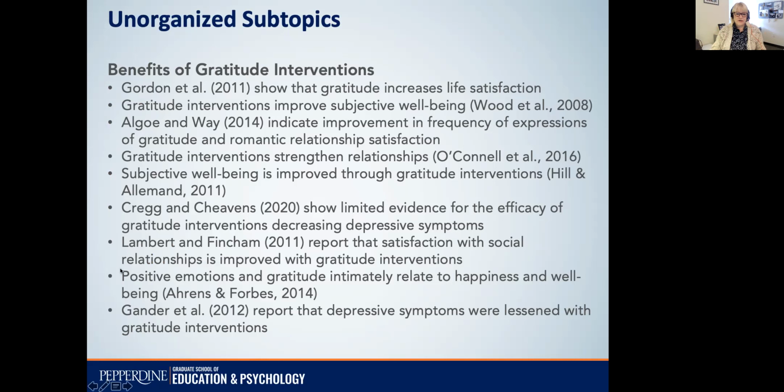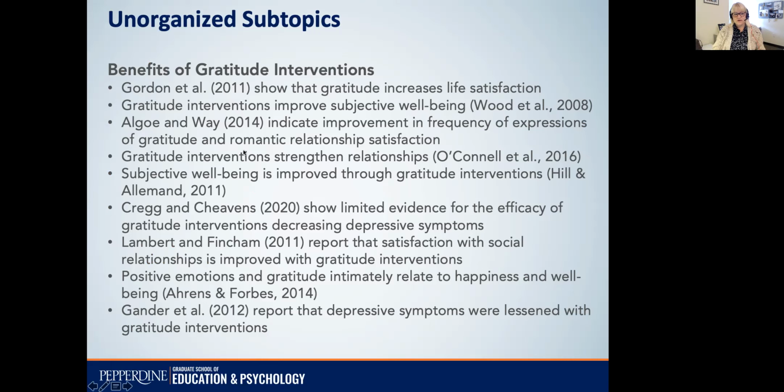So for example, this is another example of gratitude interventions. So if you were looking at all these little bullet points that are about recent studies that show benefits of gratitude interventions, this is all very unorganized. If I were to read a lit review like this, where this would be a paragraph about gratitude increasing life satisfaction. This would be another paragraph, subjective well-being.